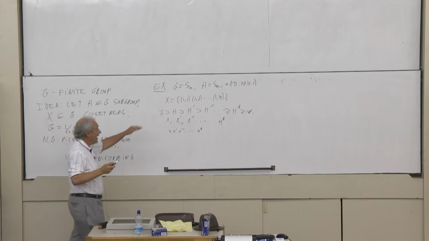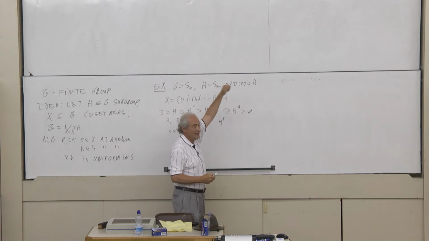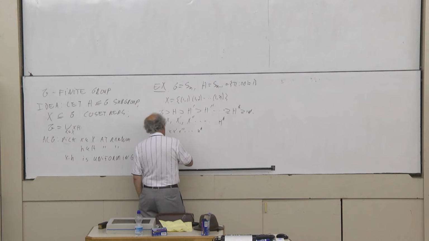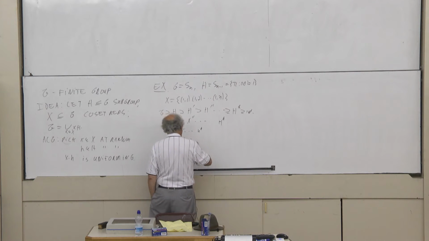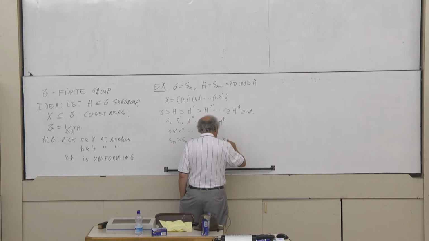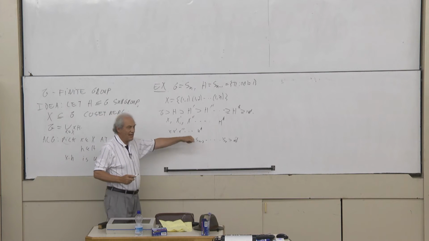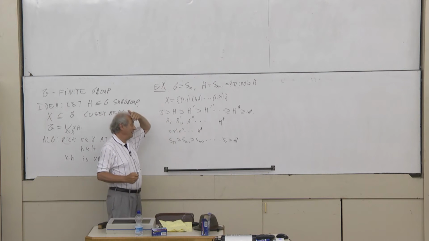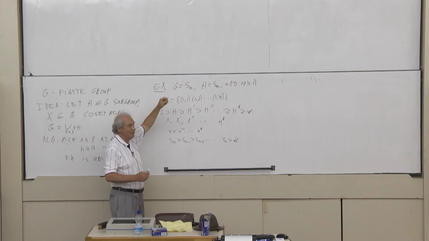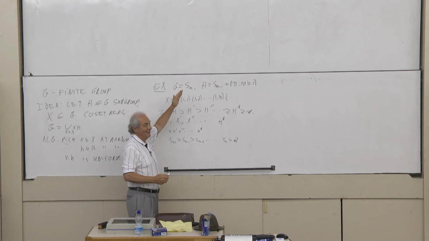And if you take in the symmetric group, Sn contains Sn minus 1 contains Sn minus 2 contains S2 contains the identity. Where Sn minus 2 is all permutations that fix 1 and 2, you choose as coset representatives for Sn minus 2 in Sn the transpositions (2 J).